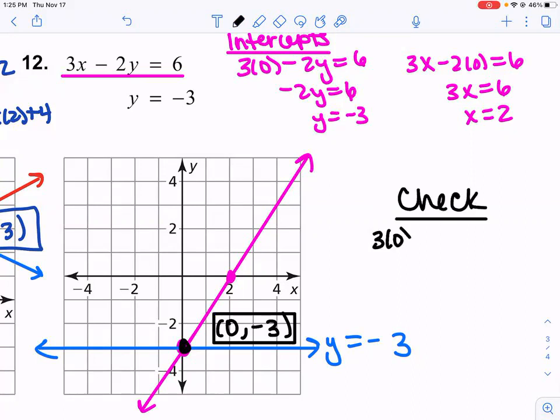If I plug 0 and negative 3 into the first one, is 0 plus 6 equal to 6? Yeah. What if I plug 0, negative 3 into the second one? Well, there's no x, so I just need to plug y in. Does that work? Okay, that's good.